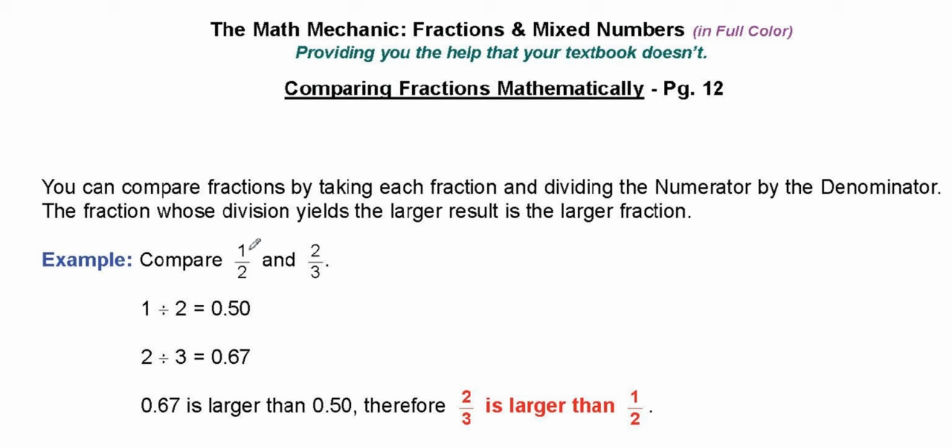So in 1/2, the number above the bar is 1. The number below the bar is 2. So we will divide 1 by 2. 1 divided by 2 equals 0.50.